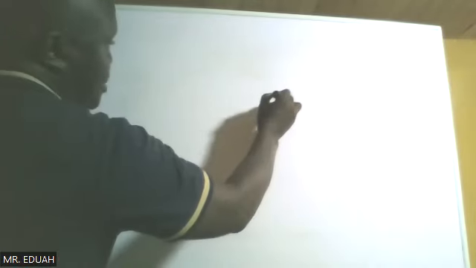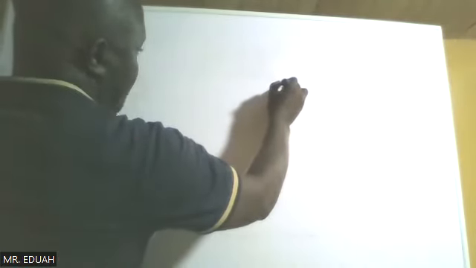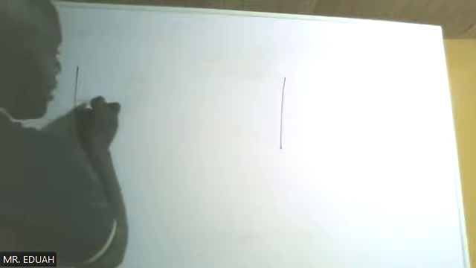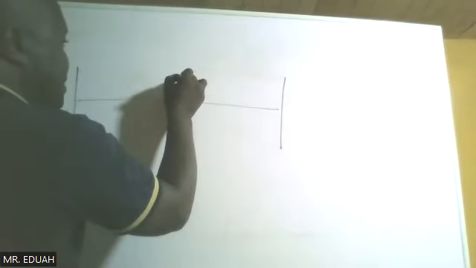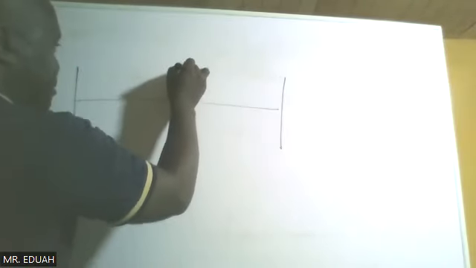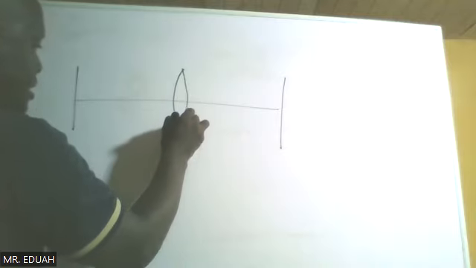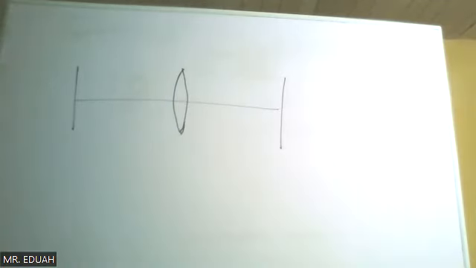This is a ray box, and then a screen is here. Then a convex lens is placed in between them.